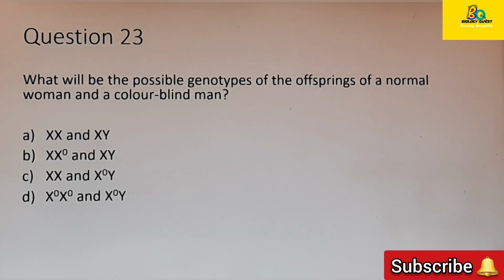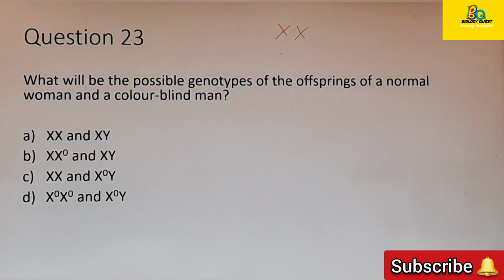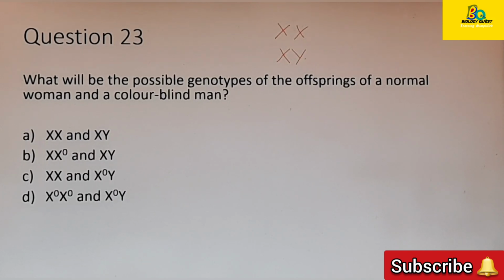So here the parents are a normal woman and a color-blind man. A normal woman is represented by XX, isn't it? And a normal man will be represented by XY. Hope there is no doubt in that.